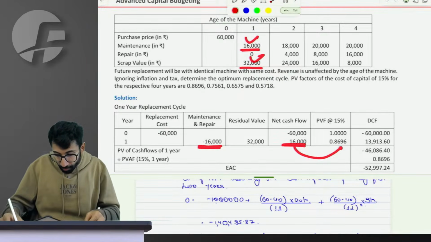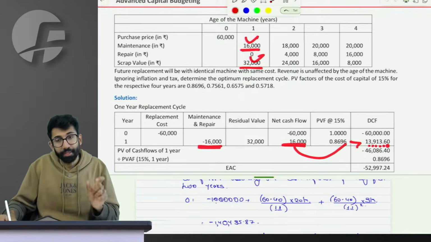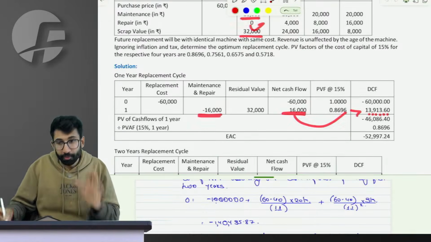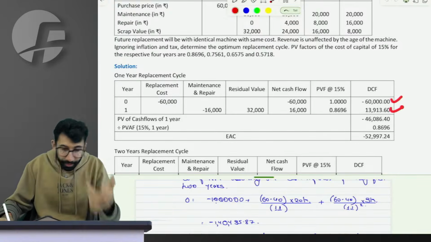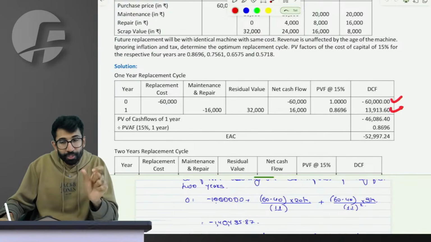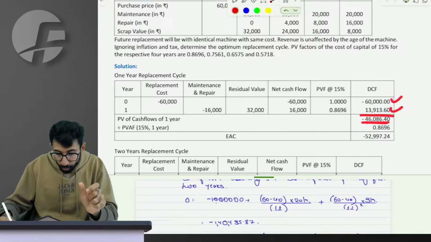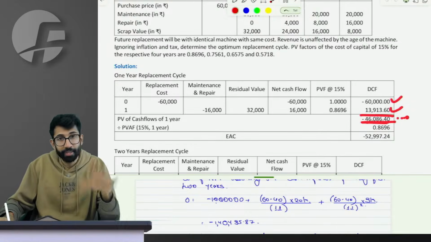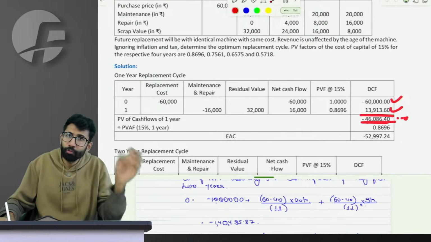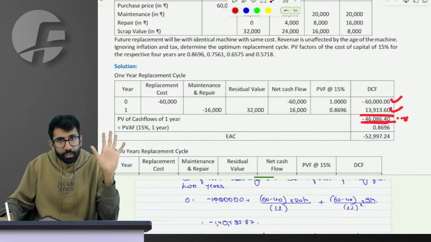The present value of this 16,000 inflow is 13,913. So in present value terms, 60,000 goes out to buy the machine and 13,913 comes in from the sale of the machine. The overall cost of using the machine for 1 year in present value terms is 46,086.